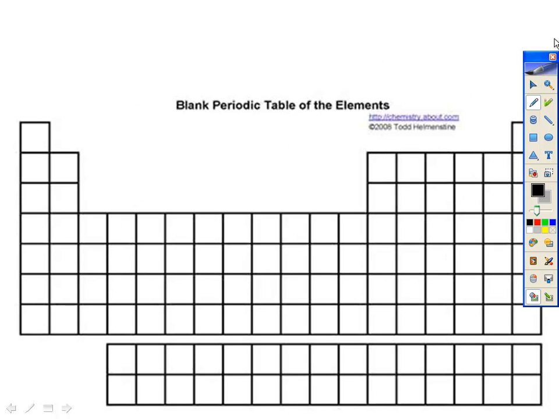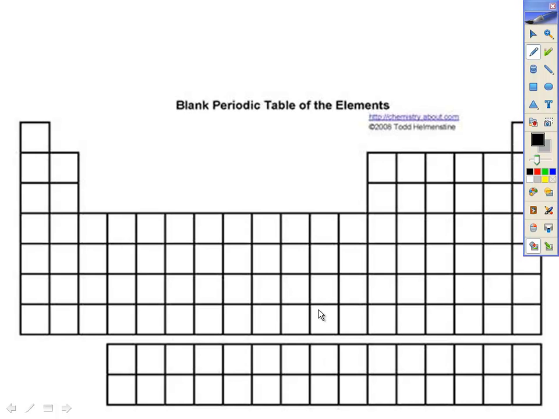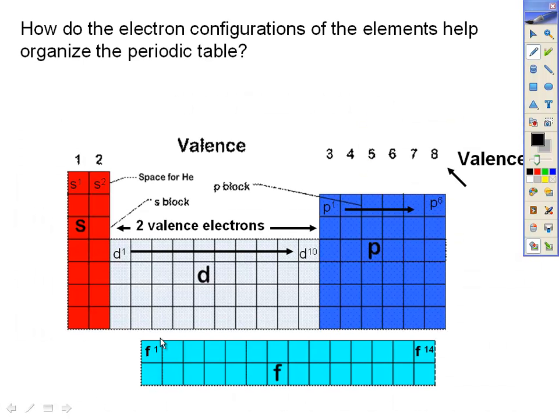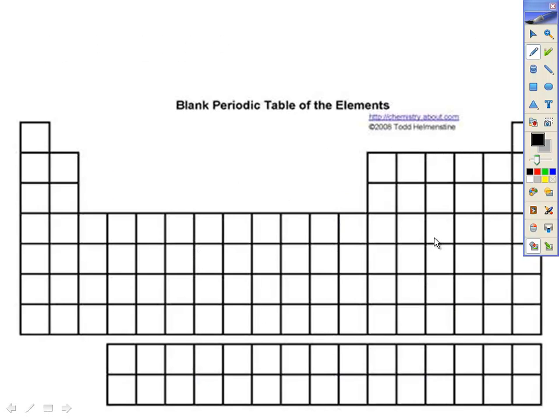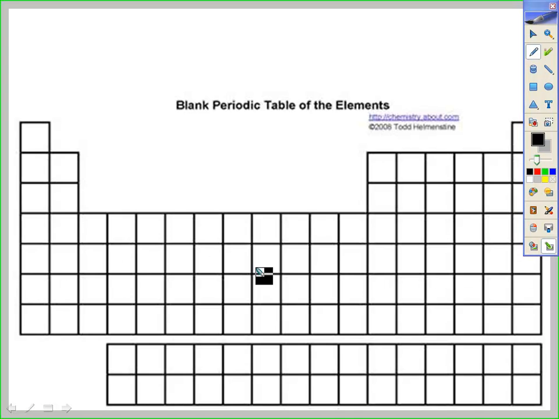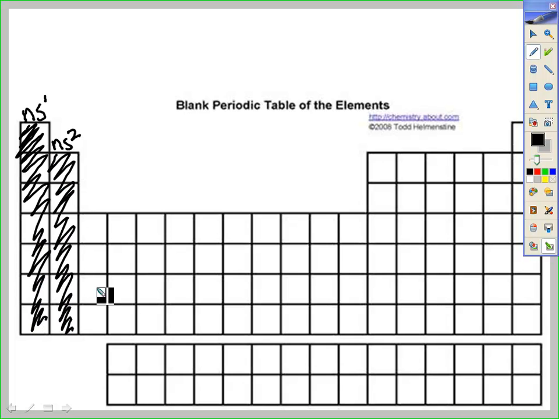Here is a periodic table, and you have a blank one in your notes as well. What we'd like to do first is look at these in terms of what we call blocks. On your giant periodic table, we took some time to write in the last term of the electron configuration, and what you should have written down is that everyone in this family ended in NS1 and everyone in this family ended in NS2, which means all of these elements in these two families end in S something, S1 or S2.